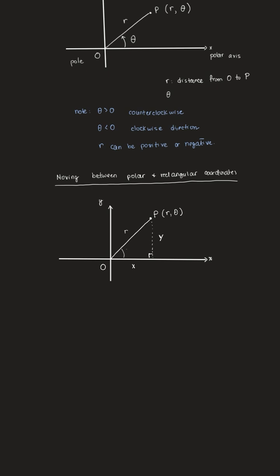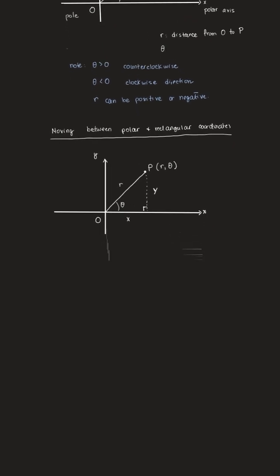So here's our angle theta, and we see that the cosine of theta is going to be the adjacent side x divided by the hypotenuse r. If I multiply both sides by r, then we know that x is r times cosine theta.